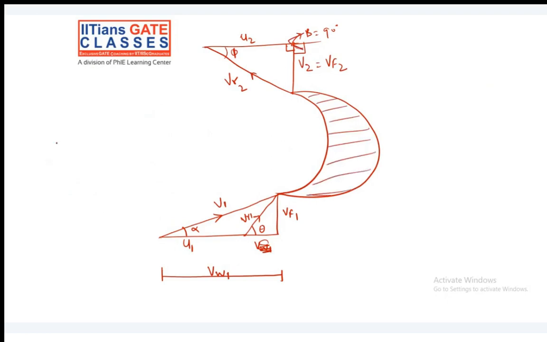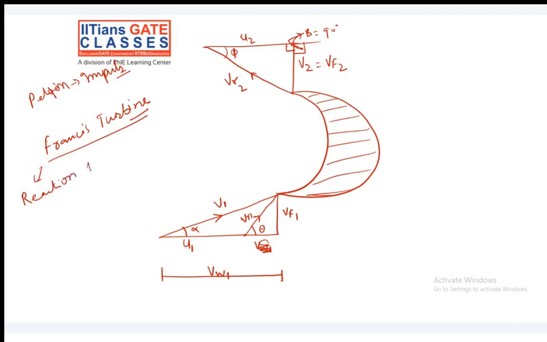Francis turbine is like Pelton. We have seen that Pelton is an impulse turbine. Similarly, we have the Francis turbine, which is a reaction turbine. And what kind of reaction turbine?